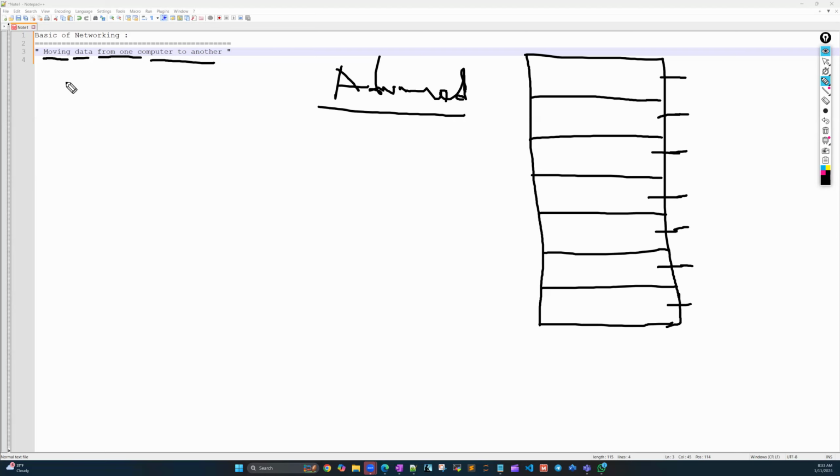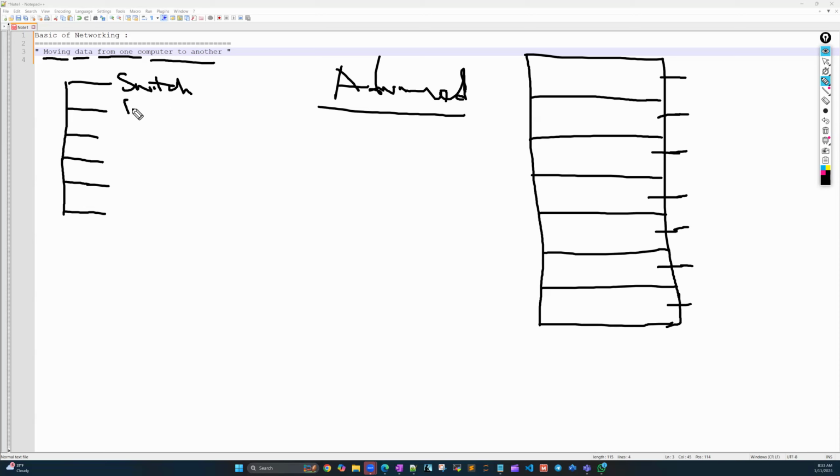But there are some other things that we need to know, like components of networking, that we will eventually deep dive on, and then we will be able to configure. In networking, some of the components are, number one, switch.